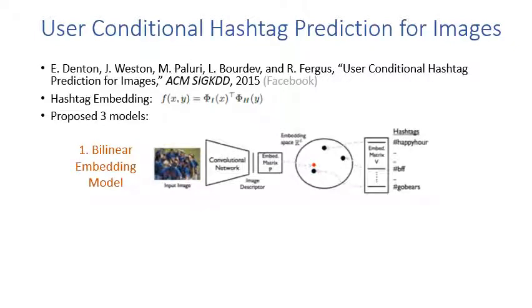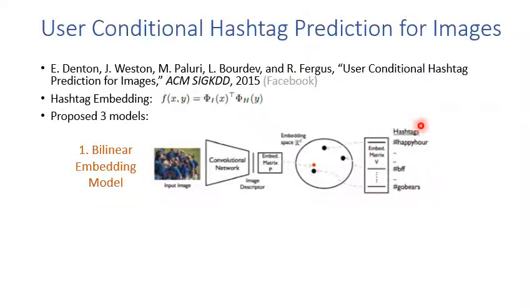The first model is the traditional zero-shot model. So they try to do a bilinear embedding model. They use the features pre-trained on ImageNet, as well as, I guess, trained on Instagram images, and then they train a Word2vec model for hashtags. We can call it hashtag2vec, right?